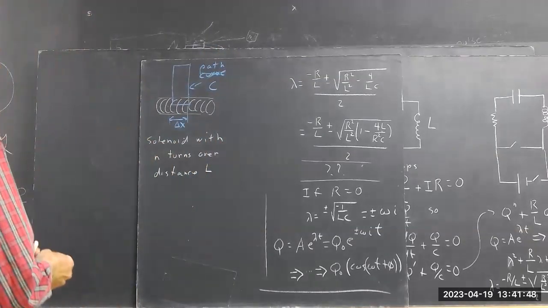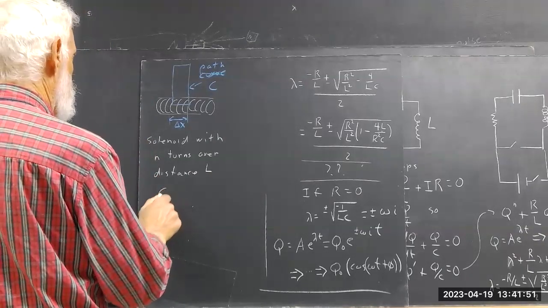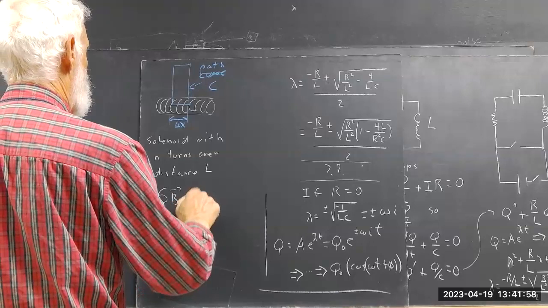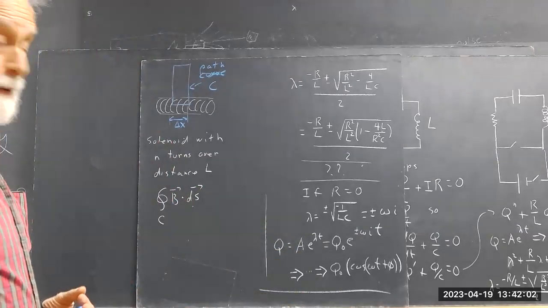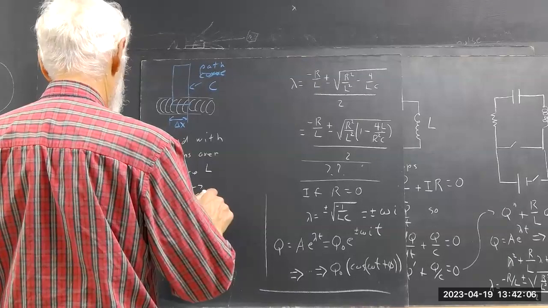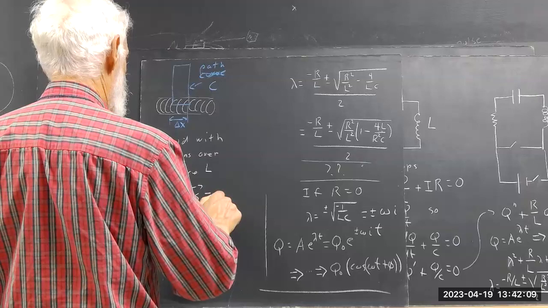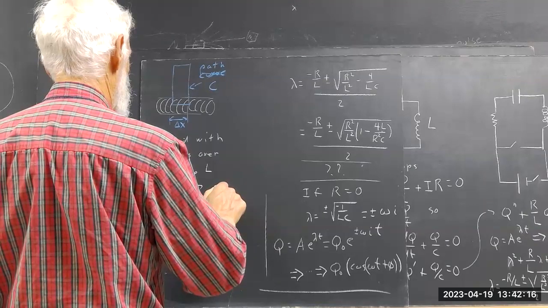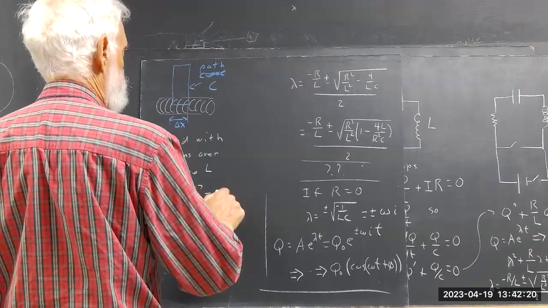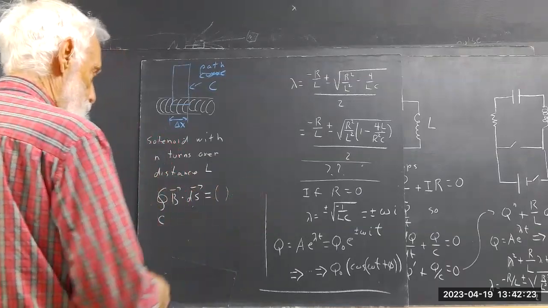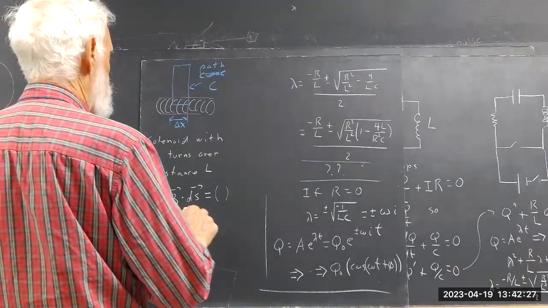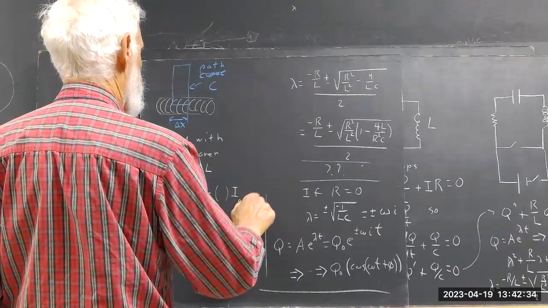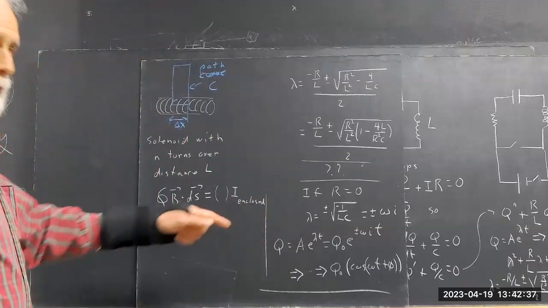So we know that the integral around the path C of B dot dl is a multiple of, not going to worry too much about the multiple yet, the enclosed current.